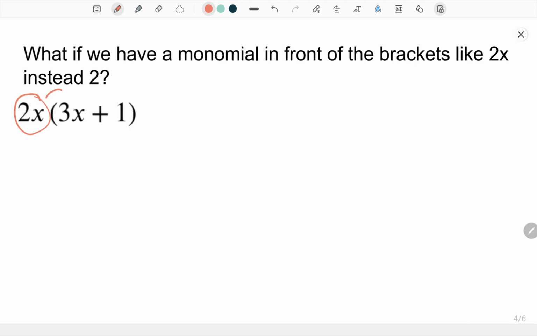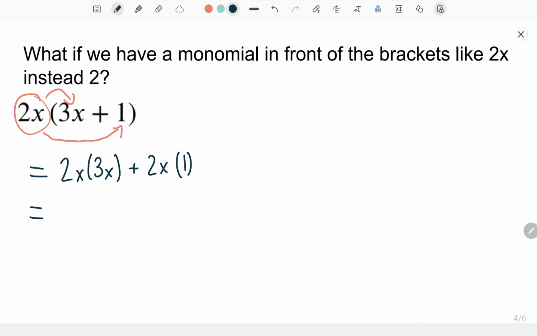So take that 2x and multiply it by 3x first, as the distributive law says. So 2x times 3x, keeping things in brackets just to indicate multiplication. And like the distributive property, take that 2x and multiply by the last part there: 2x times 1, again using brackets to indicate multiplication.